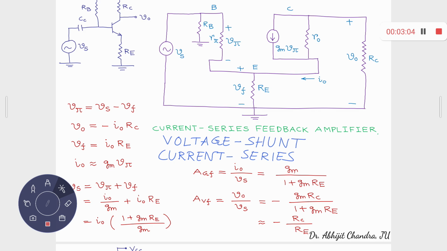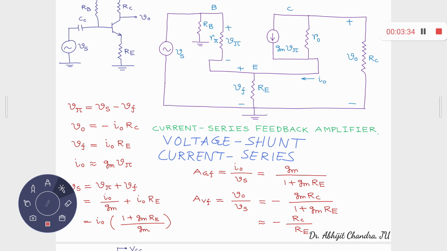So there is a very primitive question in the semester examination, that why voltage series and current shunt? Because if I ask you to draw the feedback amplifier which exhibits a voltage series kind of feedback or current shunt kind of feedback, and find out the expression for the voltage gain with feedback factor, you'll be able to draw and explain all these things. Now the tricky question is that sometimes it is asked why this voltage series?